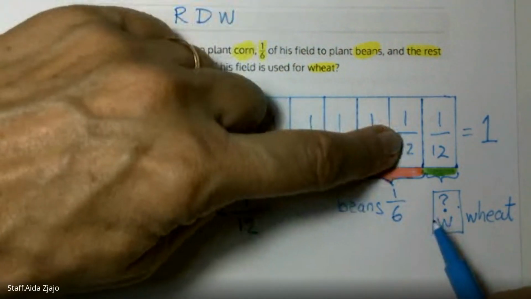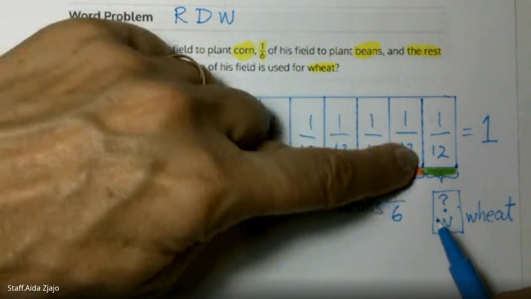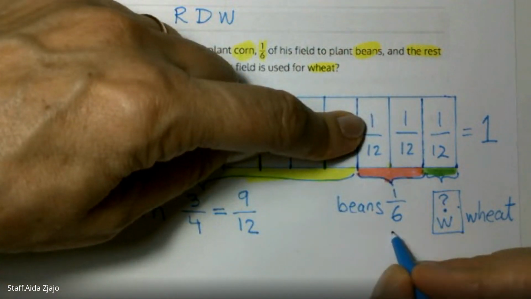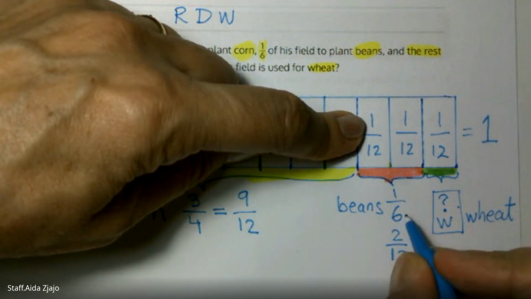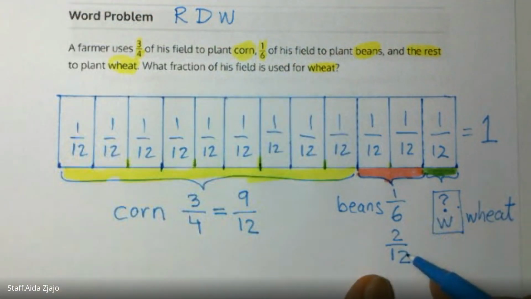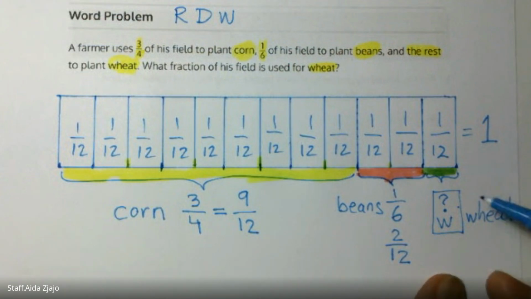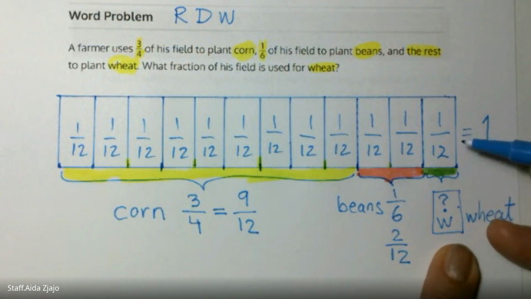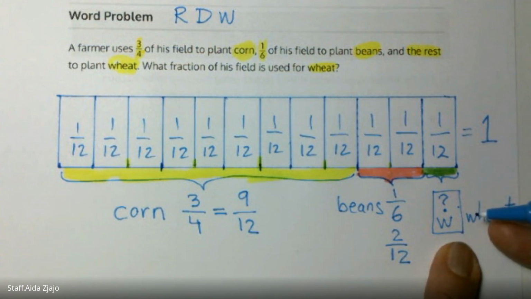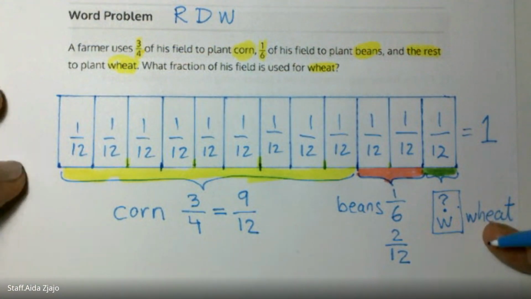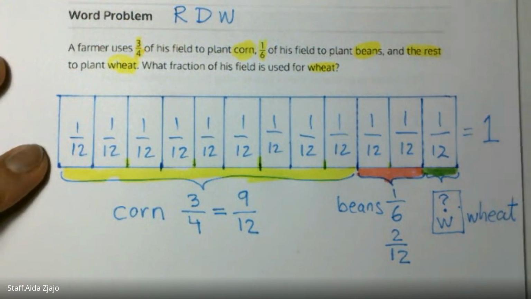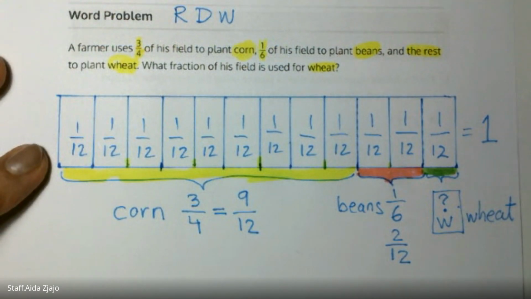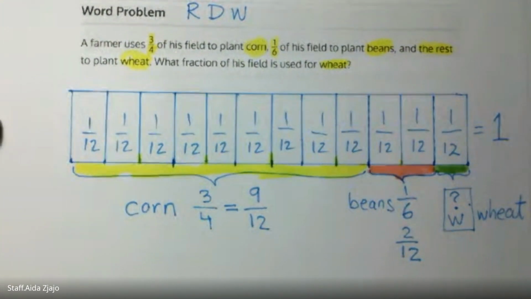Beans is 1/6, but is also 2/12. So 1/6 is the same as 2/12. And last but not least, wheat is just 1/12. That's what's left over.